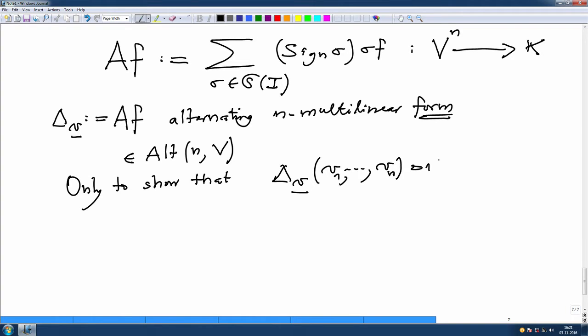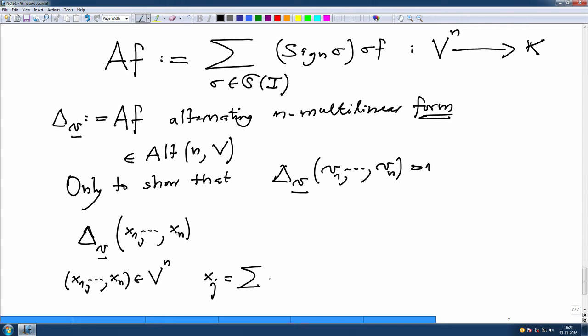But well, let us evaluate delta V. Actually we know how to evaluate delta V. Let us evaluate not only at this tuple but any arbitrary tuple. So, delta V evaluated at x1 to xn, where x1 to xn is an arbitrary tuple in V^n, and because each xj we can write in terms of the basis, xj = sum of aij Vi, i from 1 to n.